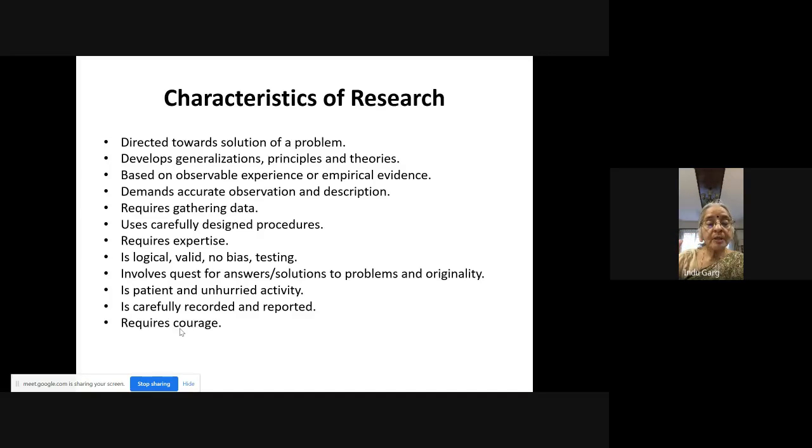A whole year of case study, observations, being with the people, being with the students, being with the school, the surroundings, observing the students on the playground, in the classrooms, in the laboratories, everywhere, then you could gather data that this is what the school offers to its 5th standard students.